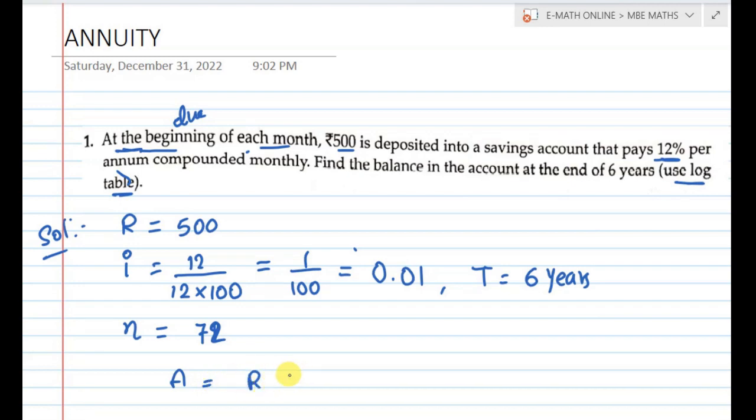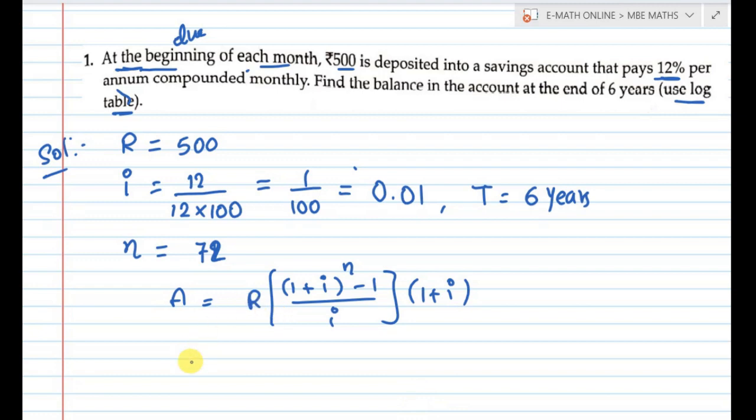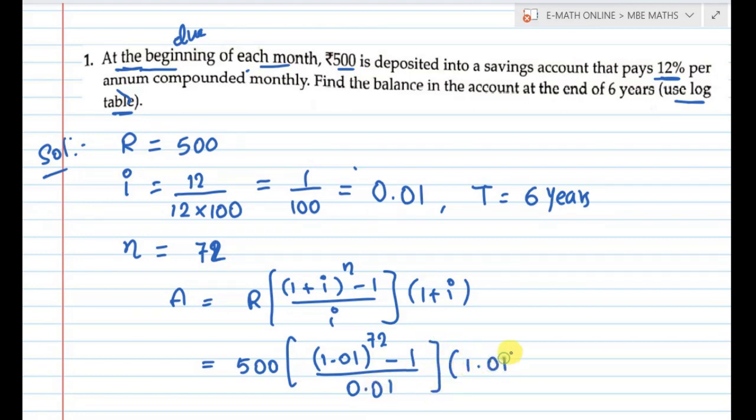This is a due case, so the formula will be R into (1 plus I) whole power n minus 1 divided by I, into 1 plus I. So A equal to R, which is 500, of (1.01) whole power 72 minus 1 divided by 0.01, of 1.01.